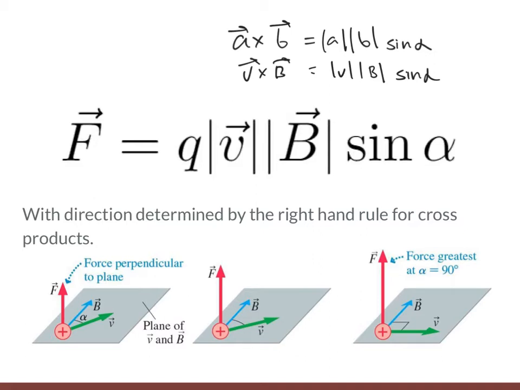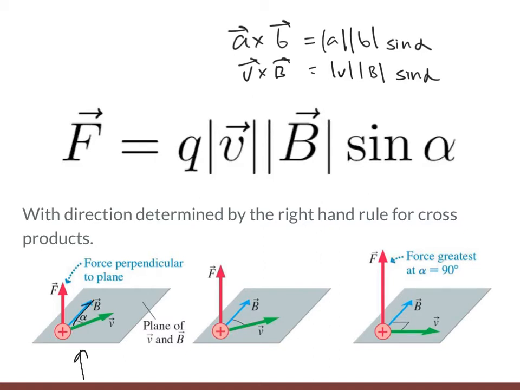To determine the direction of the force, the idea is that the force is perpendicular to the plane given by the field and the velocity. So if you got those two vectors and you make them into a plane, which is a flat surface, the force vector is perpendicular to that plane, which you can see in this picture down here.